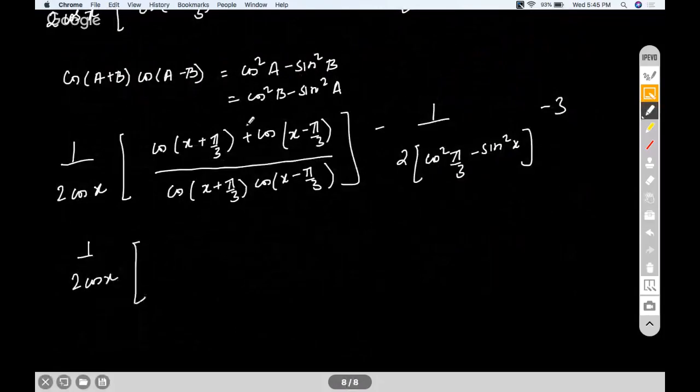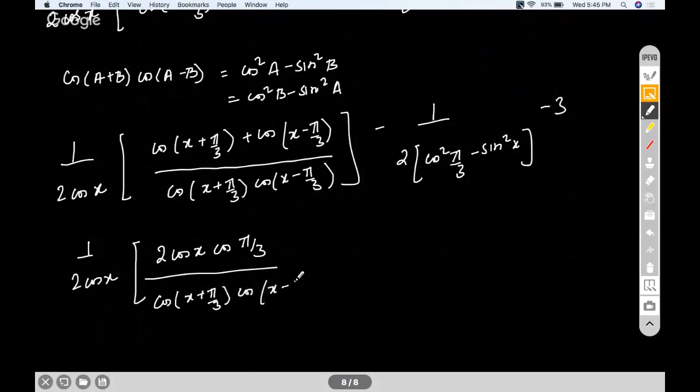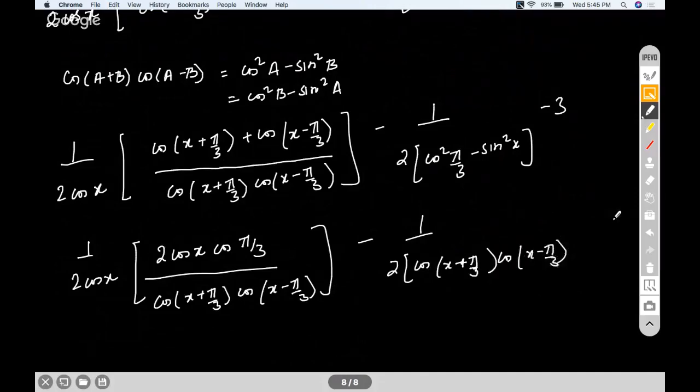Now let us simplify this. This term will become 2 cos x cos pi by 3. And this will remain as such. By the way, here there is no point to convert it like this. We can keep it as cos x plus pi by 3 into cos x minus pi by 3. So this gets cancelled, cos x gets cancelled, and we know that cos of pi by 3 again is a half.